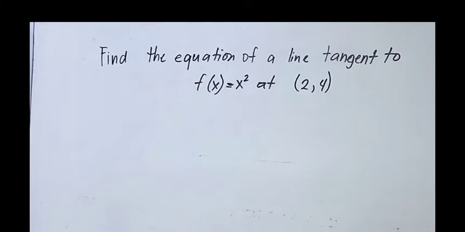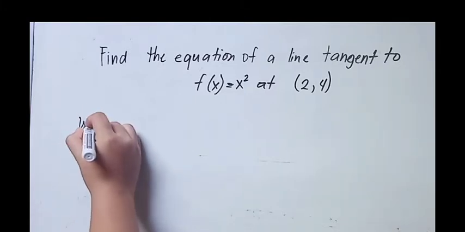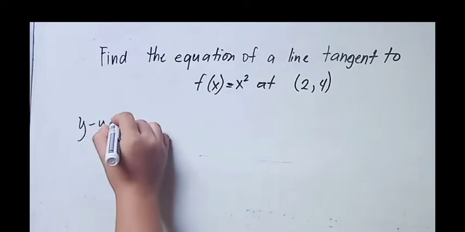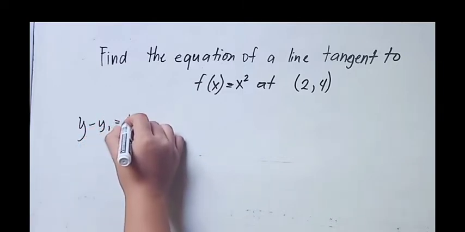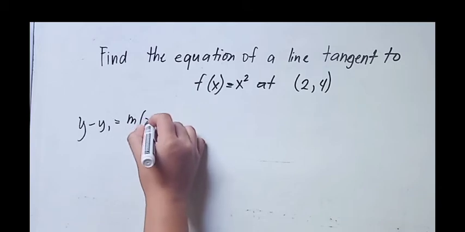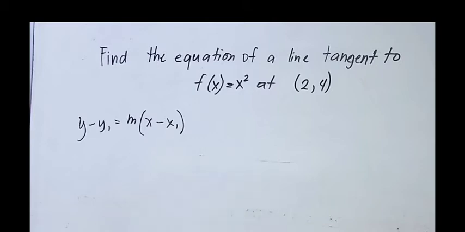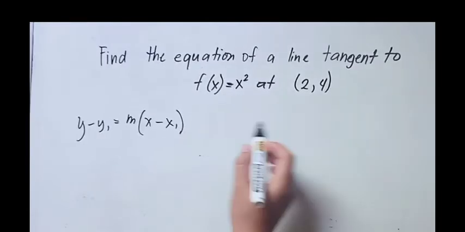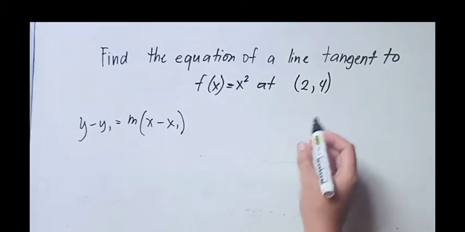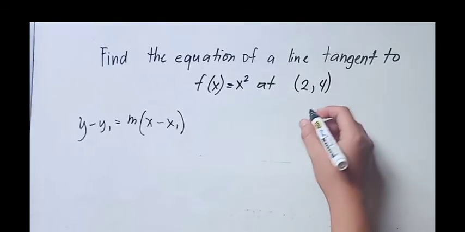So here let us try to find the equation of a line tangent to f of x equals x squared at coordinates 2 and 4. And we know that we have the point slope formula, that is y minus y sub 1 is equal to m times x minus x sub 1, where m is equal to our slope. So the first thing that we have to do here is to find the derivative of our f of x, which is x squared.